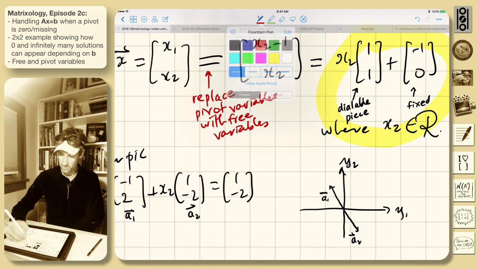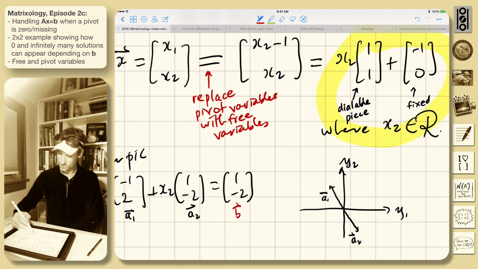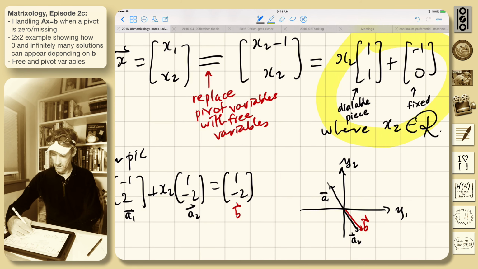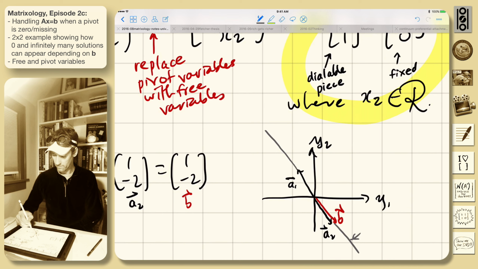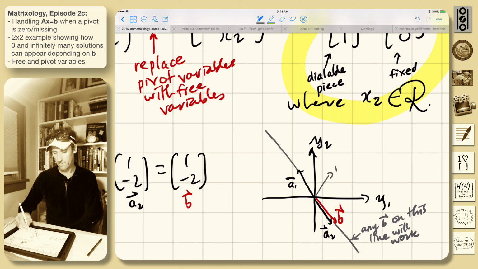And in this case, we had a B, this is B, which is 1 minus 2, so it's pointing down here as well. If I can just maybe complete this in some way, we could get any vector that lies along this line. Any B on this line will work. But if we have a B off here, no solution.